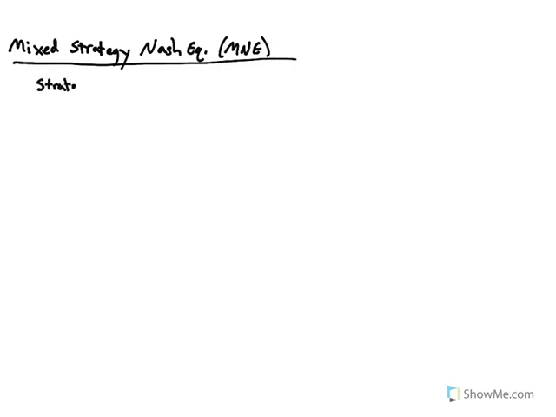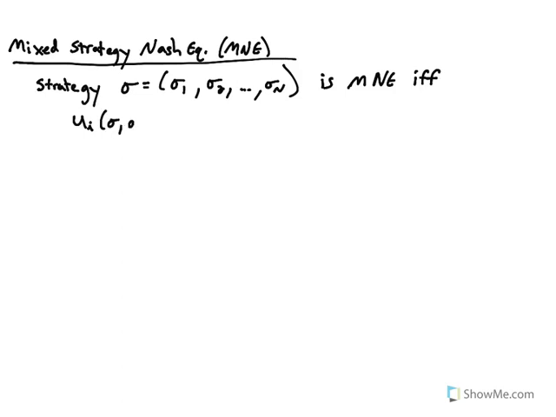You have a strategy profile sigma equal to sigma 1 for player 1, sigma 2 for player 2, all the way out to sigma n for player n, is a mixed strategy Nash equilibrium if and only if the utility to player i of playing sigma i, given that everyone else is playing sigma minus i, so the profile in question, sigma, is a Nash equilibrium, if and only if the utility to player i of playing in that profile is greater than or equal to the utility player i could get playing any other pure strategy, given everyone else playing in that same profile.